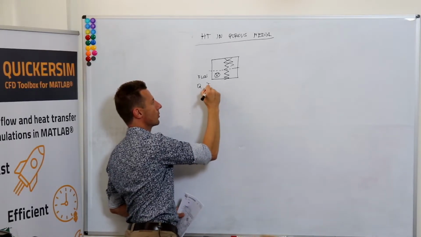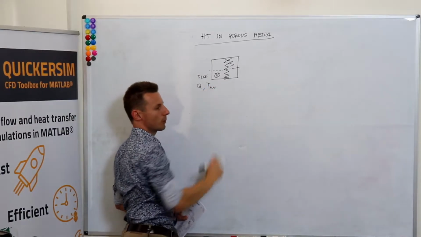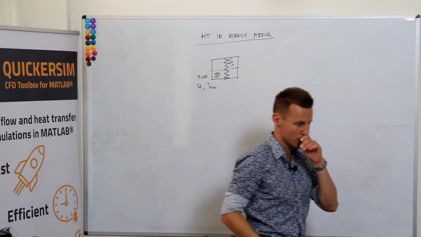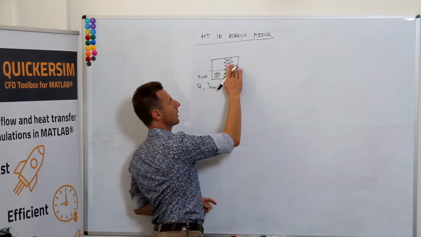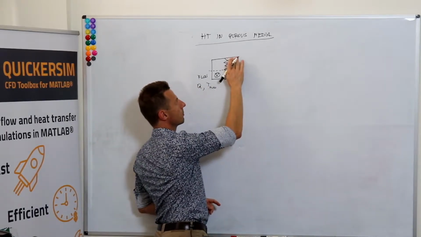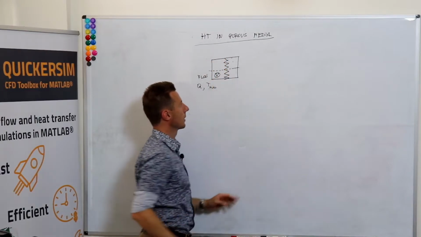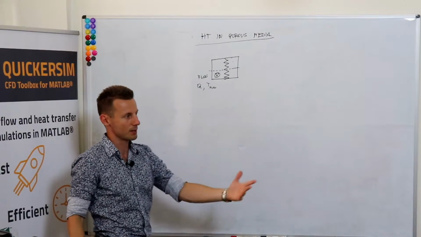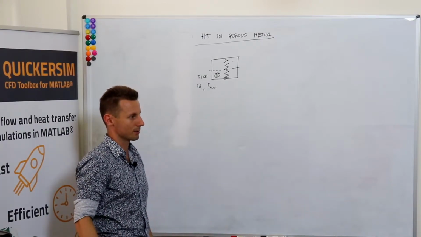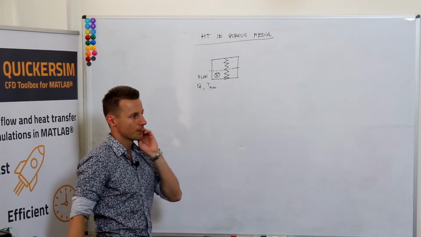So we do not want to focus on the flow right now, but what we want to focus on is the heat transfer in the porous medium. What can it be? This can be like a radiator of a Stirling engine, or maybe a heat exchanger.